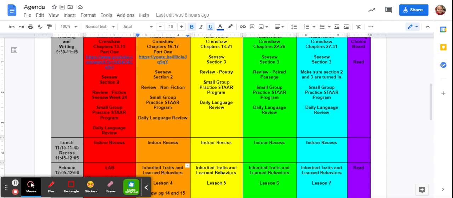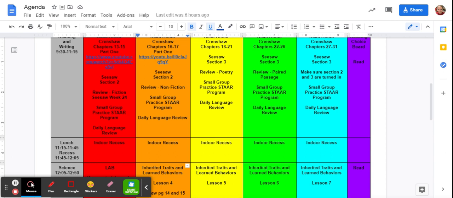And we read, starting on page 5, the story of E.B. White. This goes from page 5 all the way down to 6. So this is a nonfiction about his life.